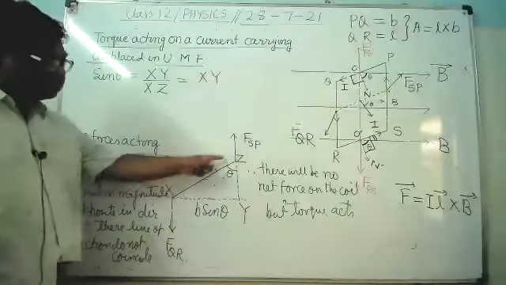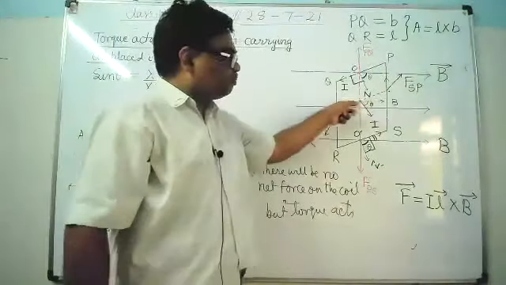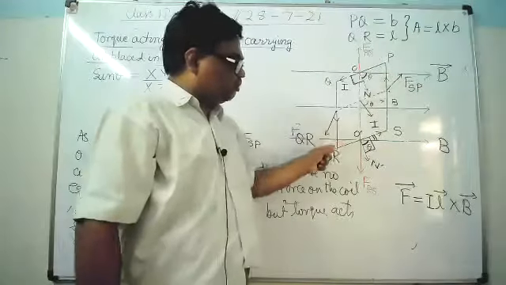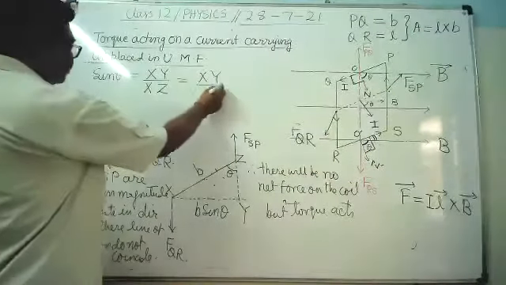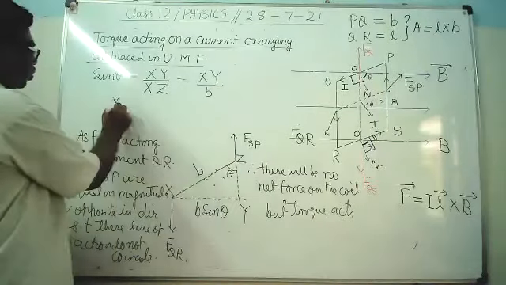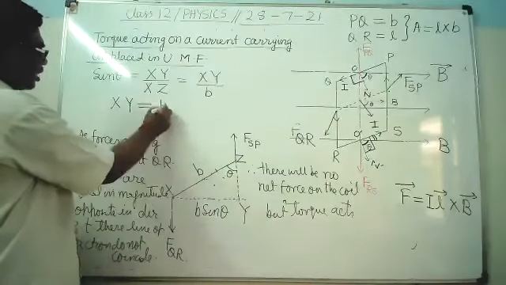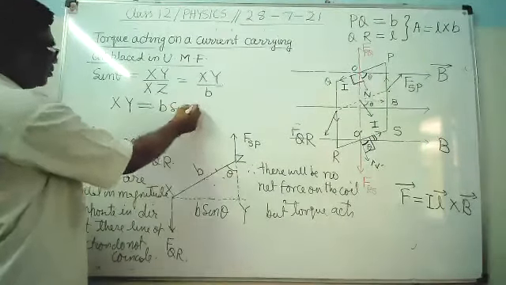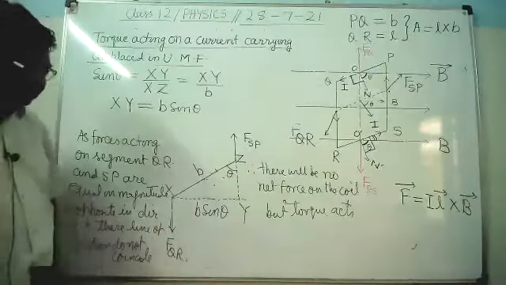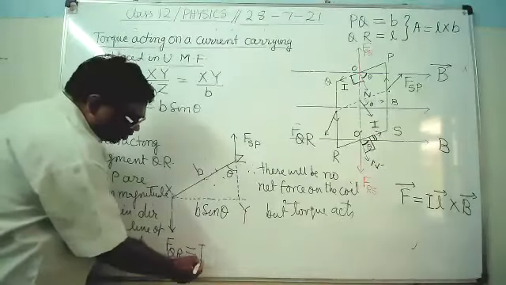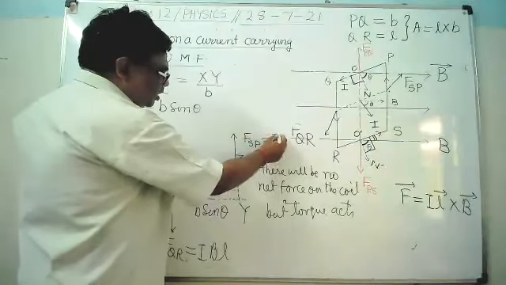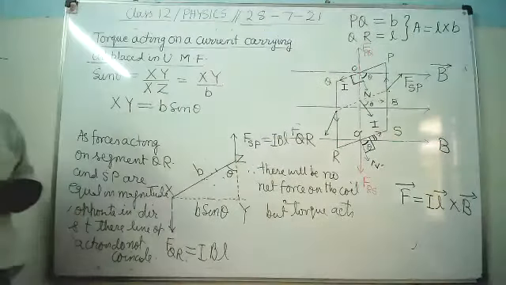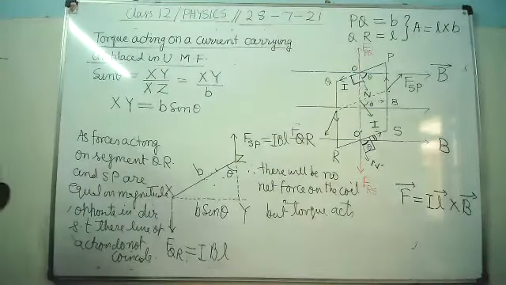Since XZ is parallel to QT, and QT is parallel to RS, its length equals b. So XY equals b sin theta. What are their magnitudes? Already you know that the magnitude is IBL. Here also IBL. So what is the torque?